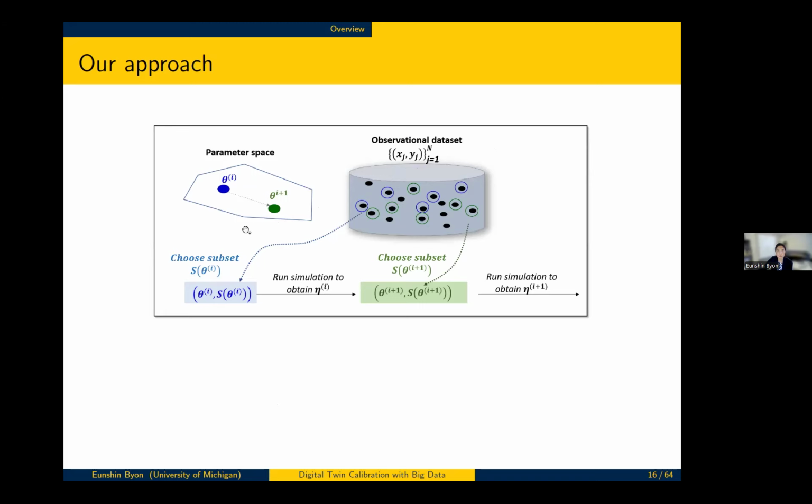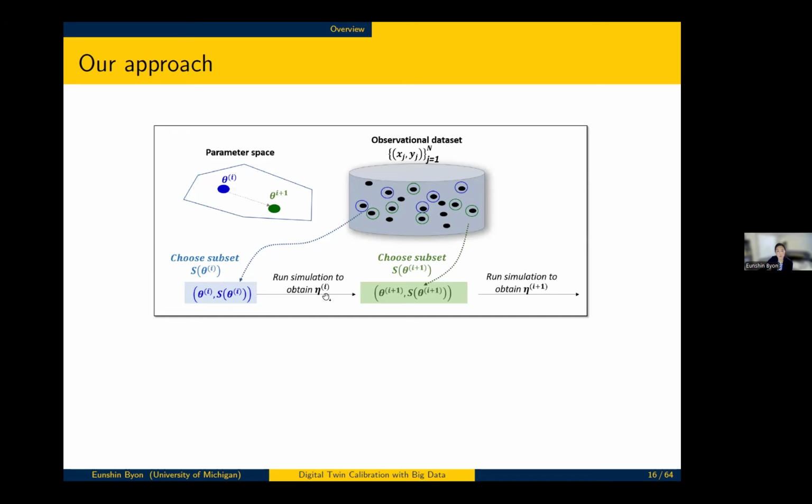For parameter calibration, we take an iterative approach that exploits the system structure. Suppose the current incumbent is theta I. Then at theta I, we choose the most informative data, for example this blue subset of data points. And at these design points, we run simulation to obtain the system output, the output from the digital twin.